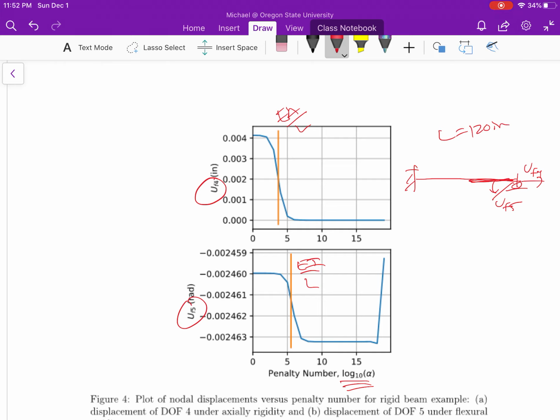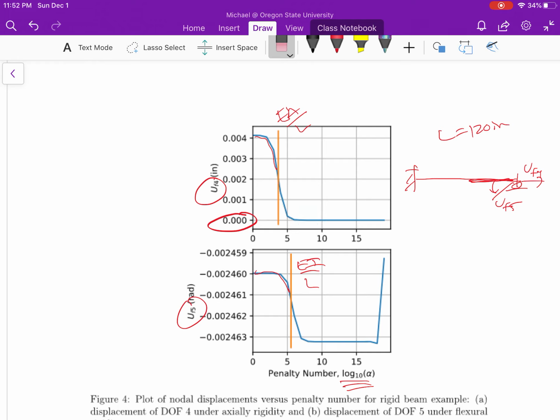So as you have values that are less than EA over L up here and less than EI over L down here, the constraint is not enforced very well. But as you get to 3 or 4 orders of magnitude higher than EA over L up here, you see that the constraint is satisfied, zero displacement there.